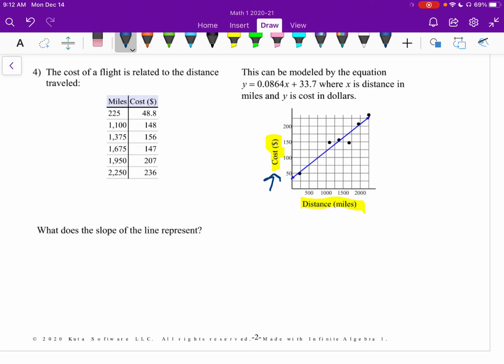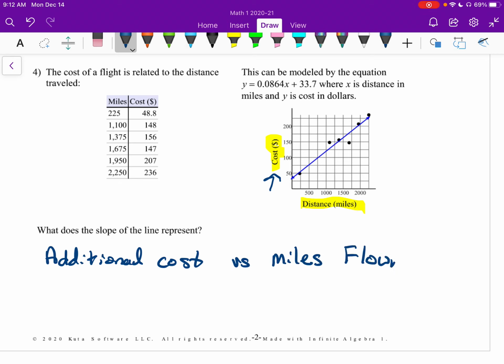The slope talks about the additional cost versus miles flown. Or I'll say additional cost for every mile flown. For every mile flown. Very short and sweet and to the point.